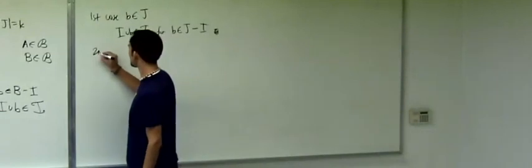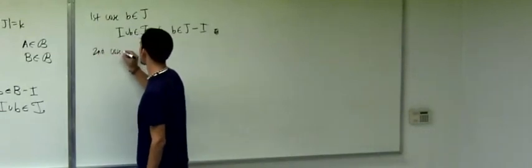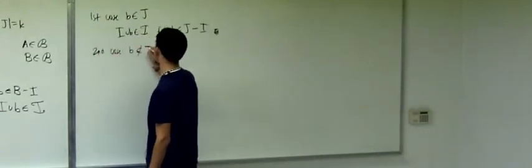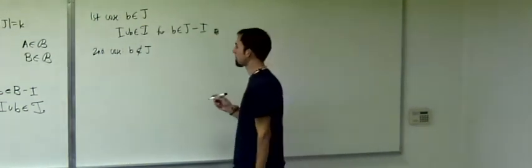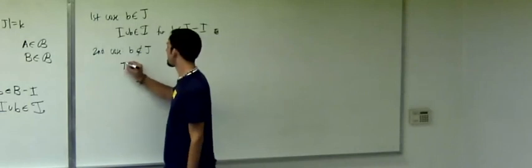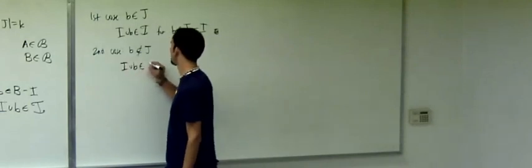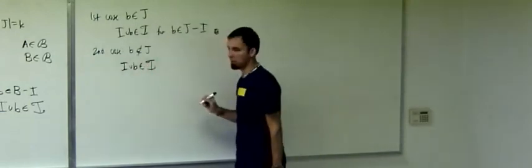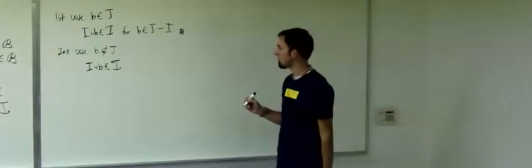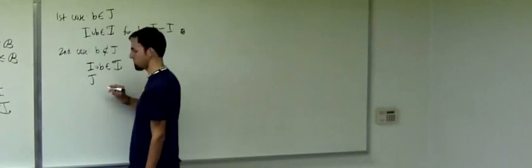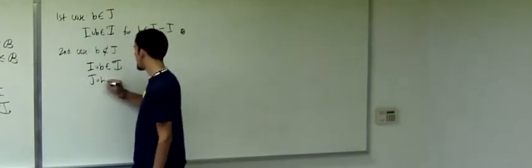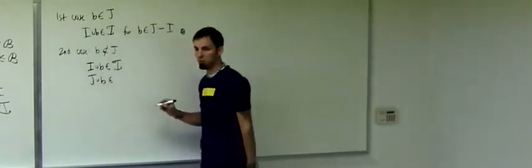The second case is that b is not in J. Okay? But now look at this. I know that I union b is in my collection I. Now, I'm going to claim that J union b is also in I. Why?